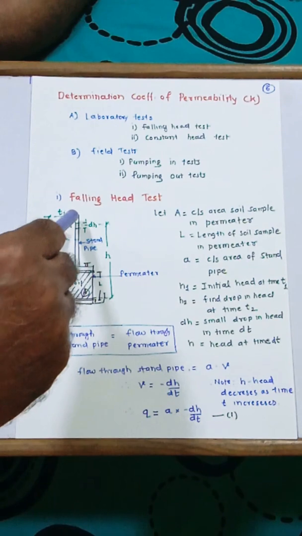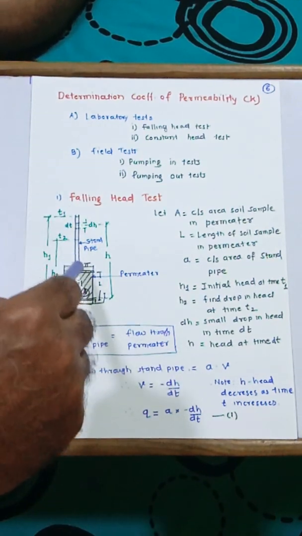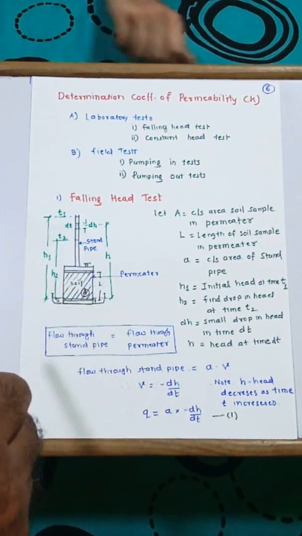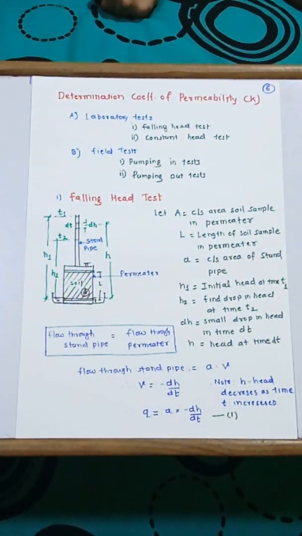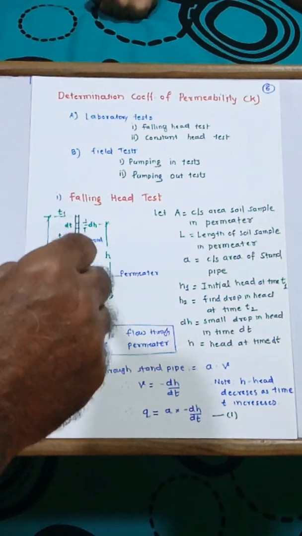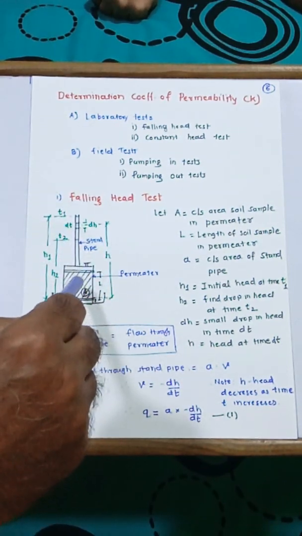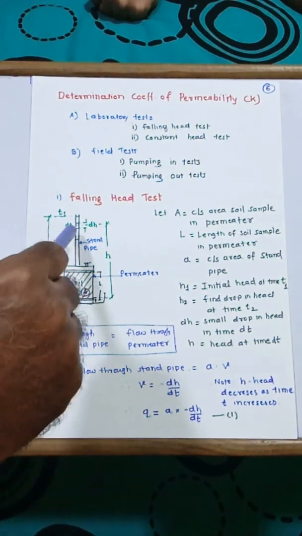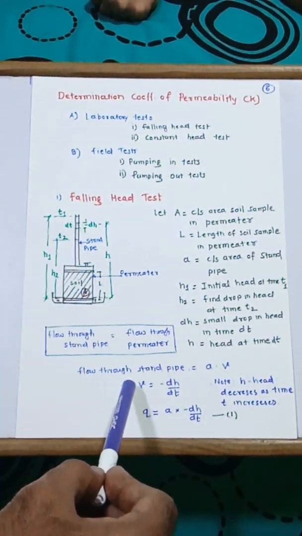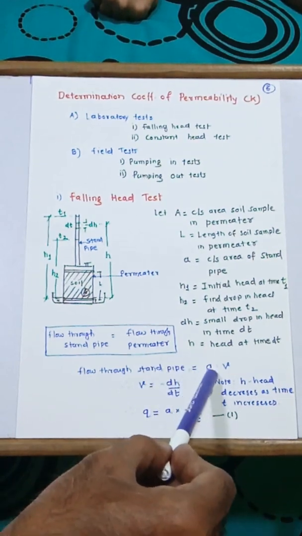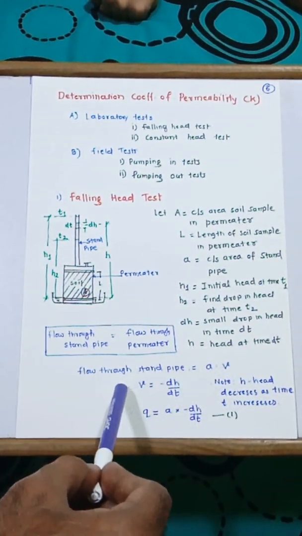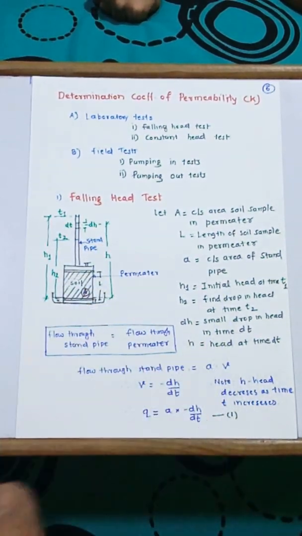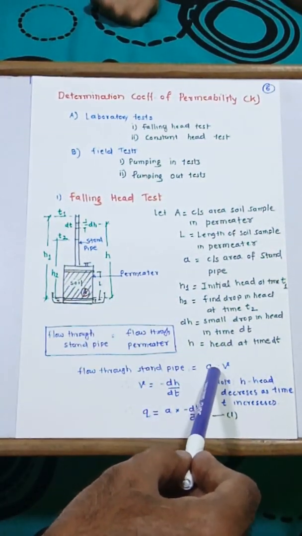So first we consider the flow through the pipe, and then we consider the flow through the soil. It is just like two pipes connected in series with different cross sections, but one pipe is filled with water and the second pipe is filled with saturated soil. This is the basic difference. So in the first part we apply the basic concept from fluid mechanics, that is, the flow through the standpipe is area into velocity. a is the cross section area of the standpipe.